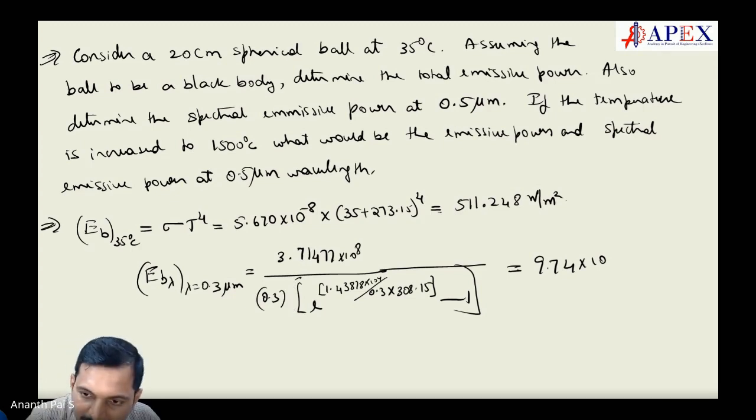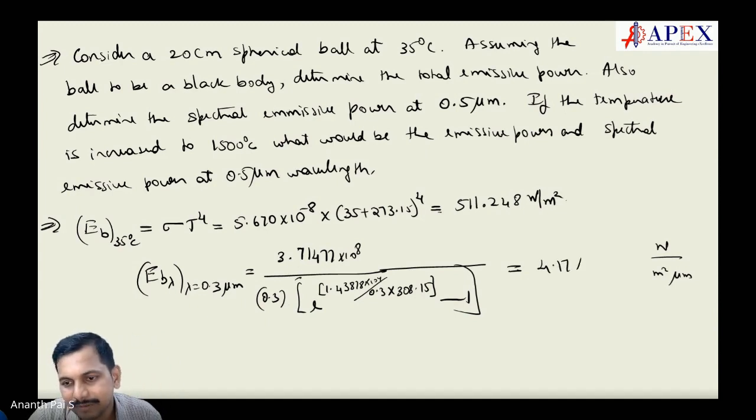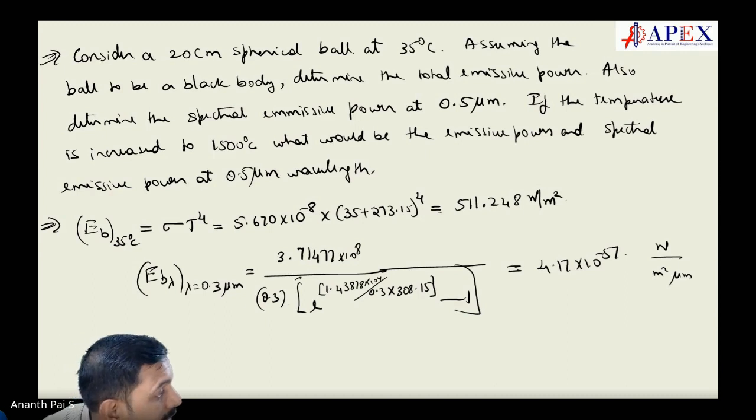Then this is watt per meter square micrometer. What did you get as the answer? Watt per meter square micrometer. Tell me. 4.17. Correct. 4.17 into 10 power minus 57. So very, very low.